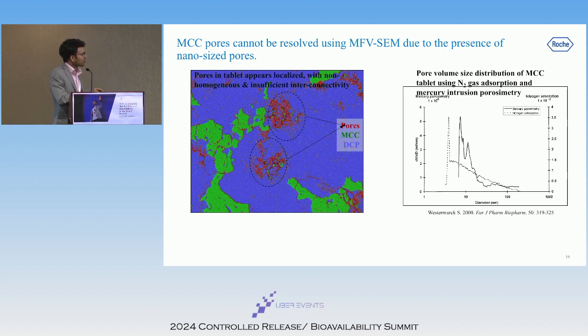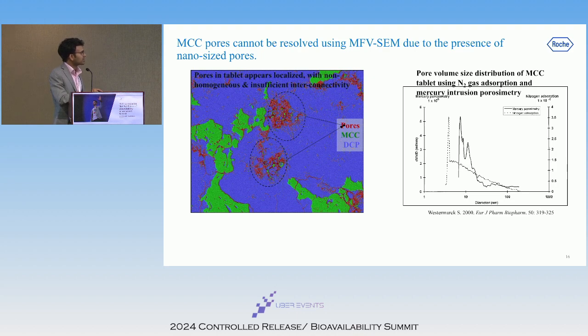And in case of MCC, which is depicted by the green domains, we don't see any formation of pores. And also, like I said earlier, these pores are highly localized and they are not connected to each other, pertaining to the DCP tablets.